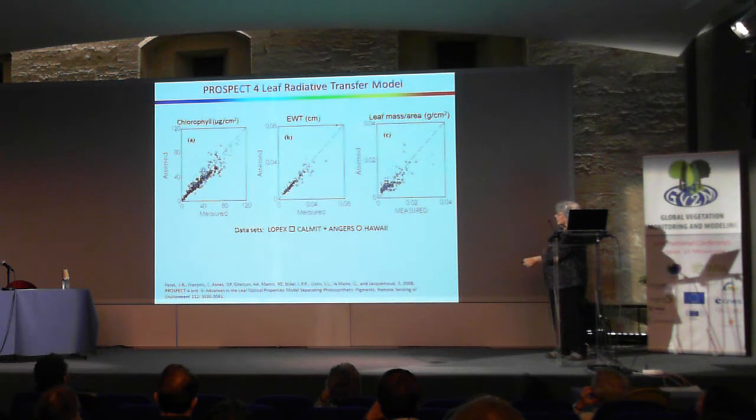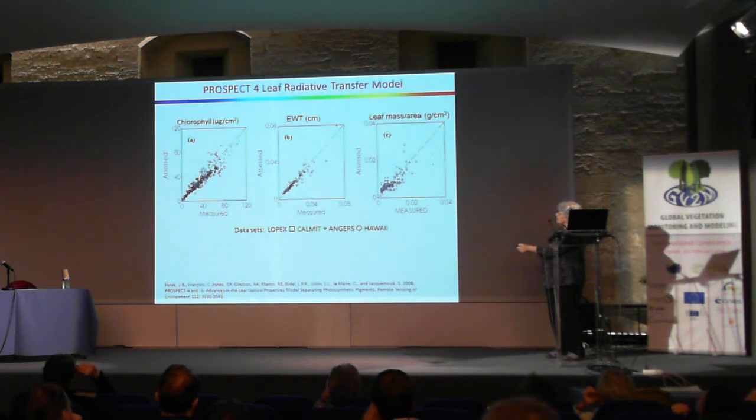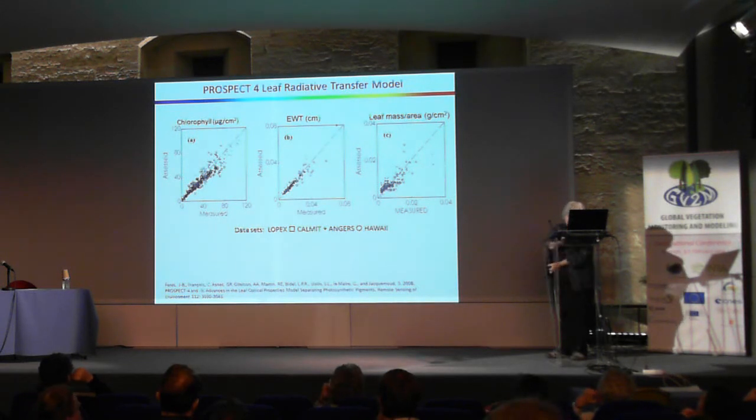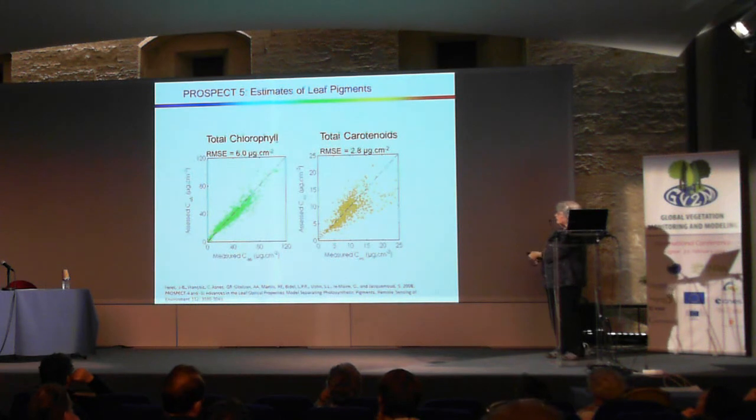Here you see the pigment retrievals that were tested for the Prospect 4 model, and this shows chlorophyll, equivalent water thickness, which is the volume of water, and leaf mass area for several different databases that were tested, and for separating chlorophyll and carotenoids.